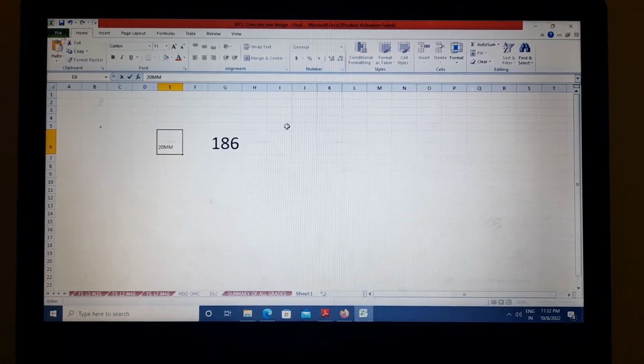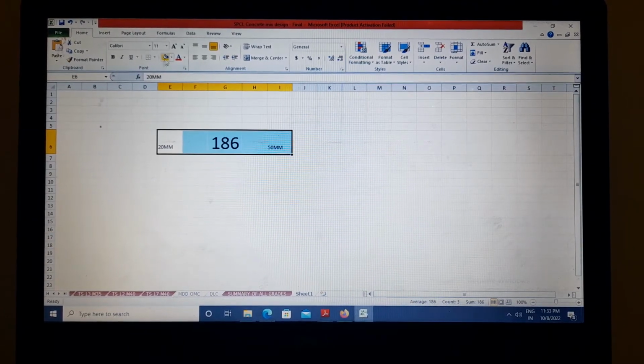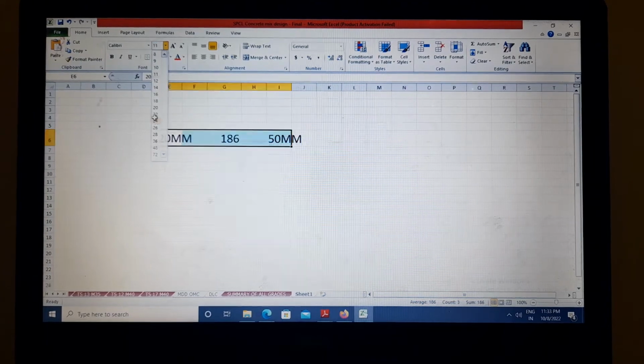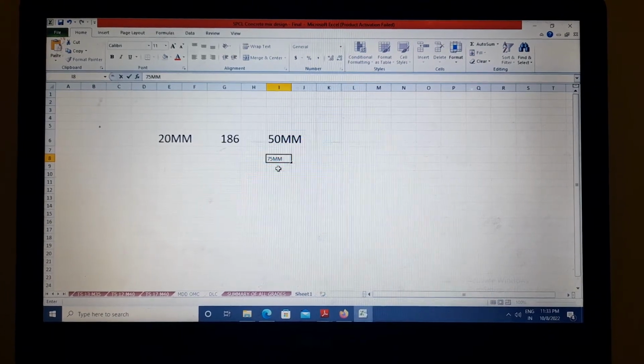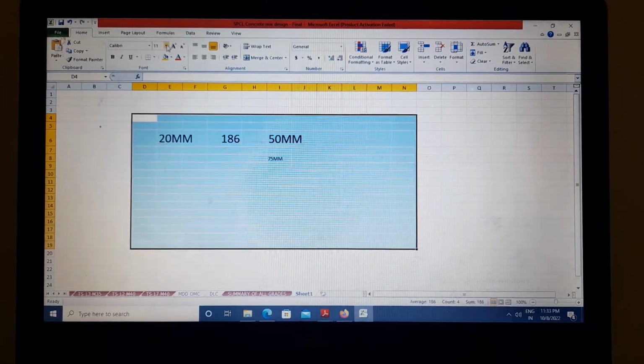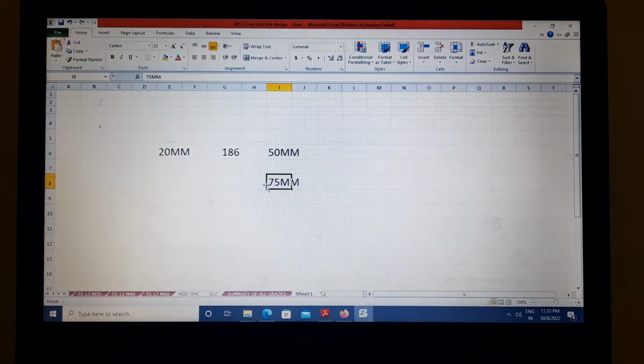20 mm aggregate and for 50 mm slump, which is given in code. Now our slump requirement is 75 mm. There is an increment of 25 mm slump.